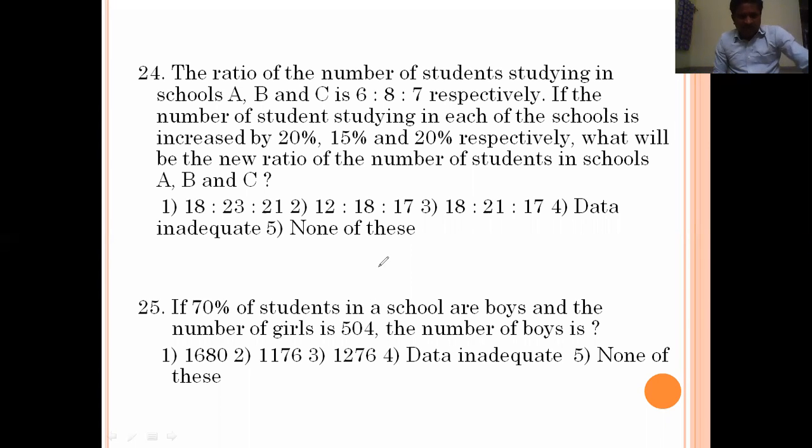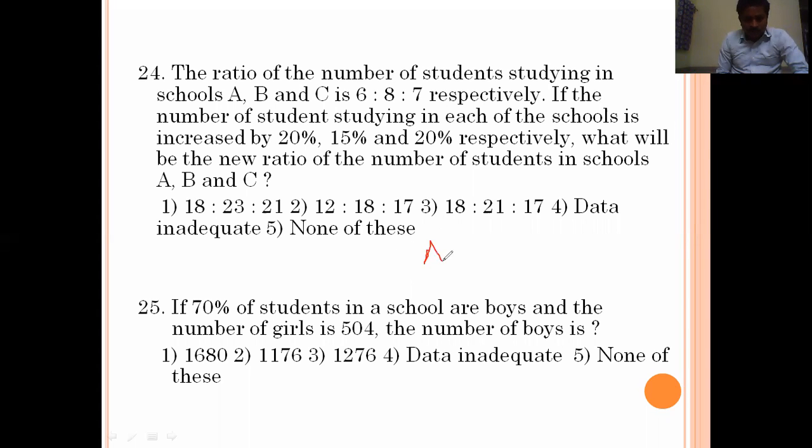The ratio of the number of students studying in schools A, B and C is 6:8:7 respectively. If the number of students studying in each of the schools is increased by 20%, 15% and 20% respectively, what will be the new ratio of the number of students in schools A, B and C?